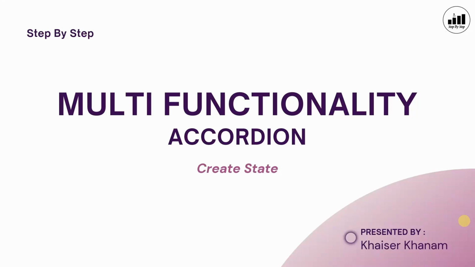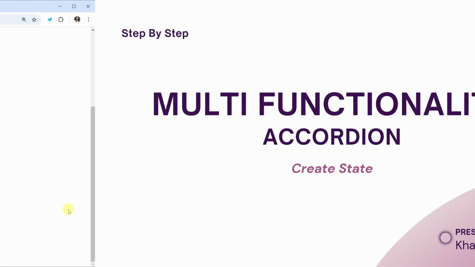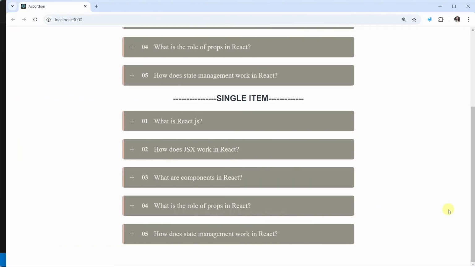Let us now see how to create state and in which component we should be creating state. For this functionality, we have to think a little bit about where we should be creating our state. Basically, we are building our accordion component which will have more real world features.